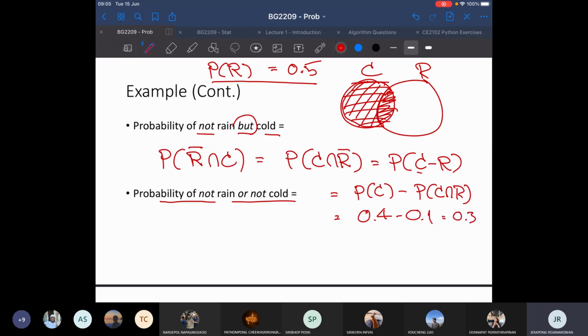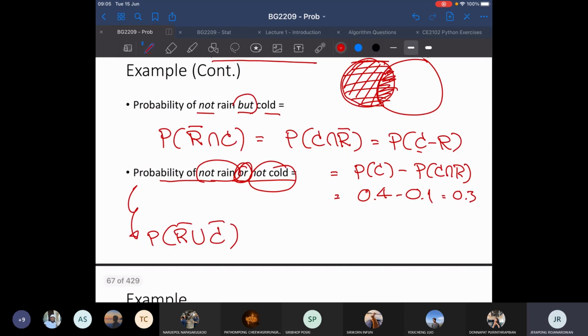And then the probability of not, this one is going to be interesting. P of not rain, so not rain is this one, R bar, or is union, not cold is this. And we have to apply what is called De Morgan's, right? So it's going to be P(R intersect C) bar like this.